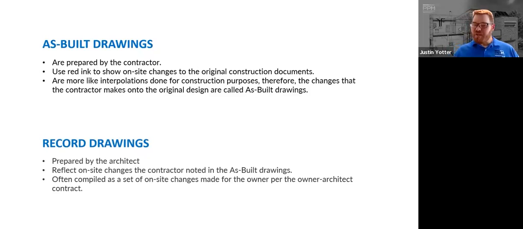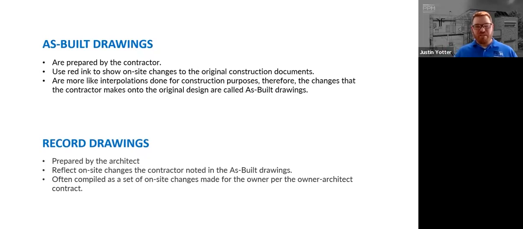Contractor-developed as-builts should not be confused with record drawings, created, of course, by the architect or engineer. Record or archive drawings often include the information gathered on as-builts and are the final set of formally developed prints fully signed and stamped by the project engineer or architect.